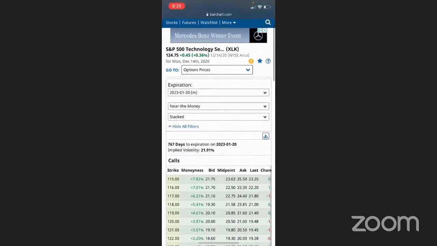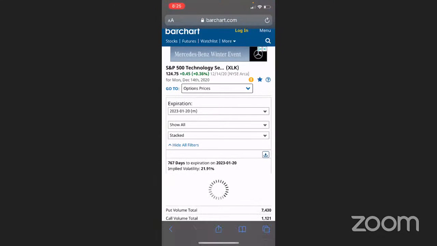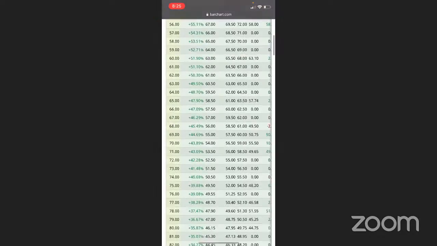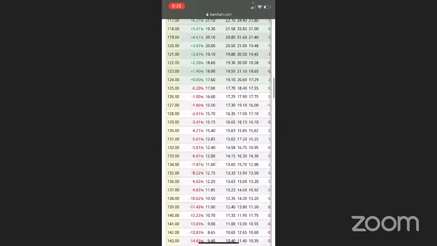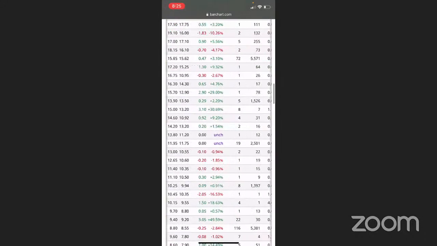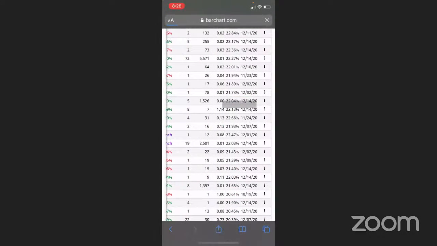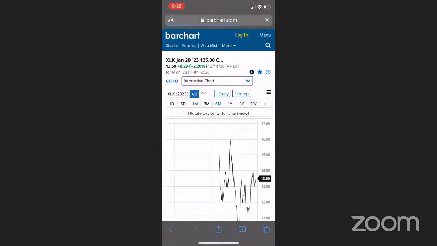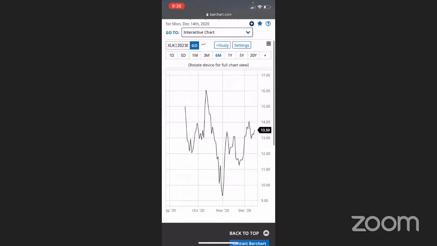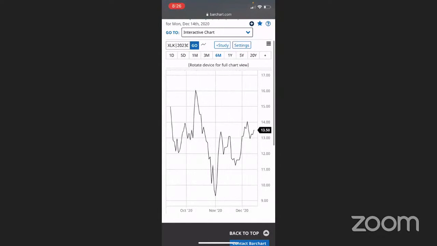Hey, David, do you still have your XLK? Yes, I do. You got what, the 135? Yeah, I got the 135 for 2023. So let's look at the 135 options chart. It's been all the way a little bit past $1,600.